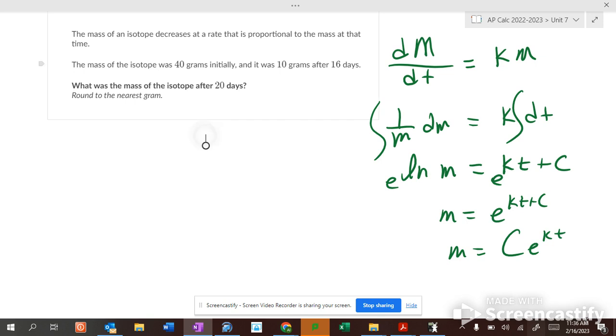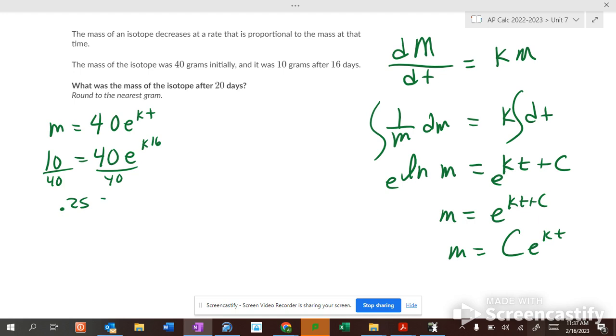So it was 40 grams initially. So what is c? 40. Let's solve for k. So it's 10 grams after 16 days. So divide by 40.